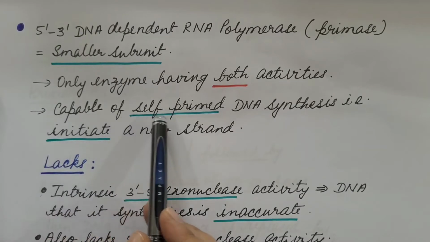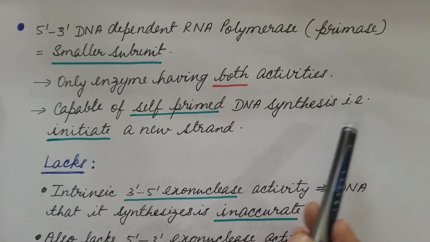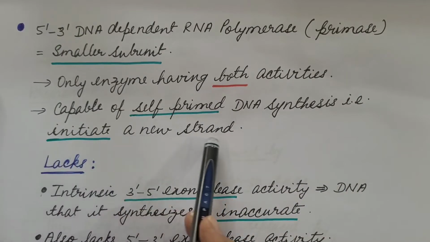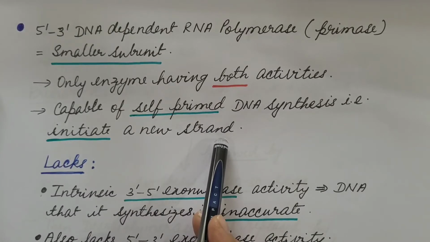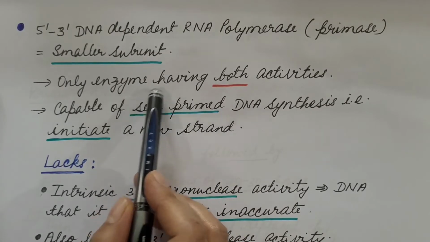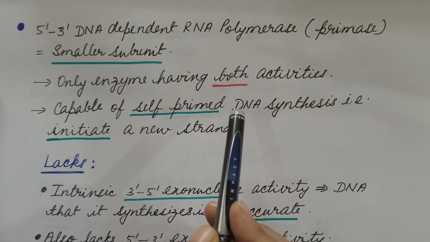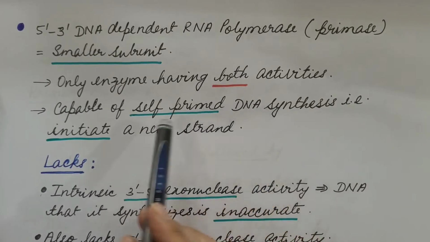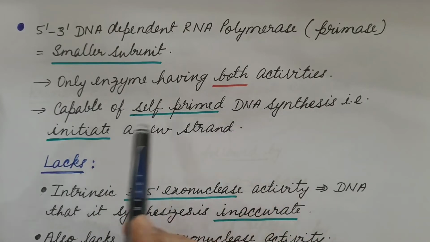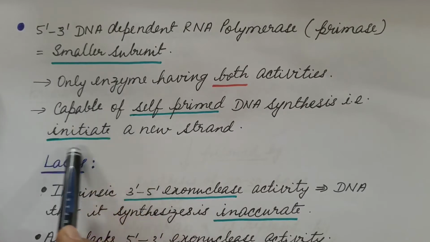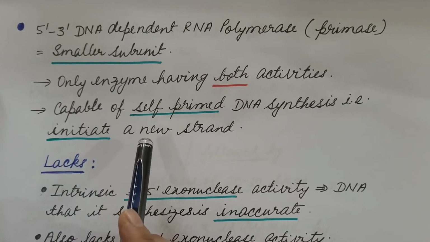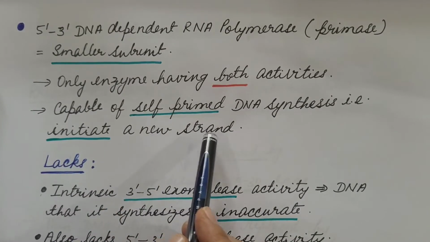Hence, it is capable of self-priming DNA synthesis, that is, initiating a new strand. Or we can say that it synthesizes its own primer and then synthesizes the new strand.